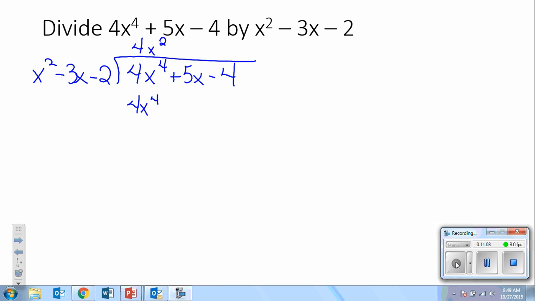Absolutely. Okay, notice we're missing some things, aren't we? So we need to have no x cubes. We have no x squareds. We have our 5x. And we have our 4.